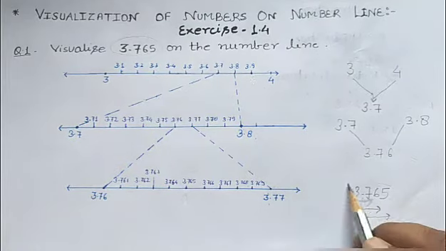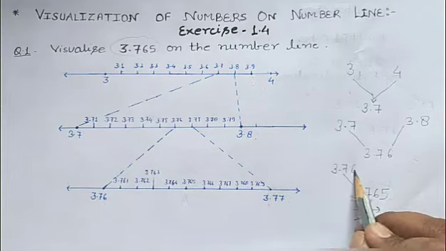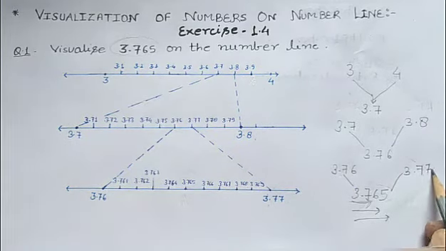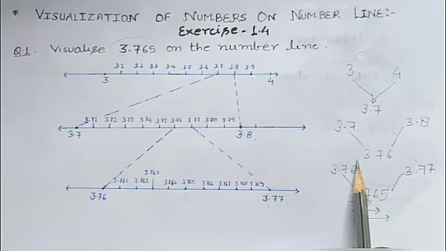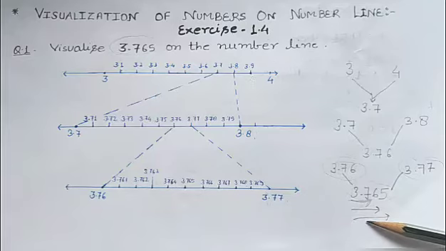The number 3.76 will lie between what two numbers? 3.76 and 3.77. The extreme points should be clear to us to represent the number. Firstly, by rough sketch, we have seen how we will reach this number.